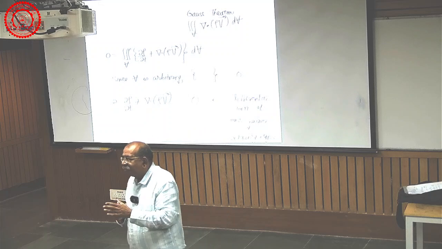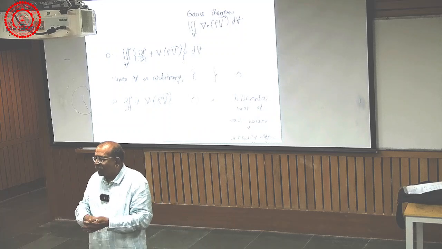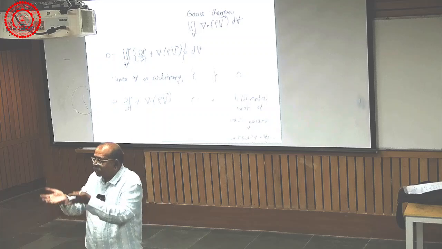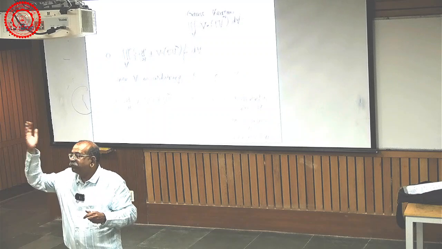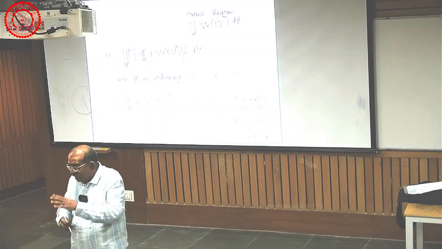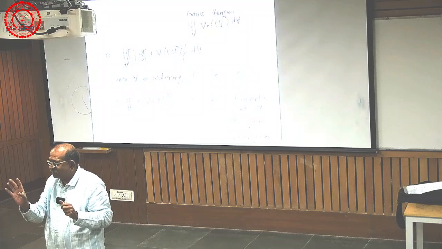The left hand side tells us that the rate of increase of mass in the control volume will be equal to the net efflux. See, dm by dt tells you the mass of individual particles.